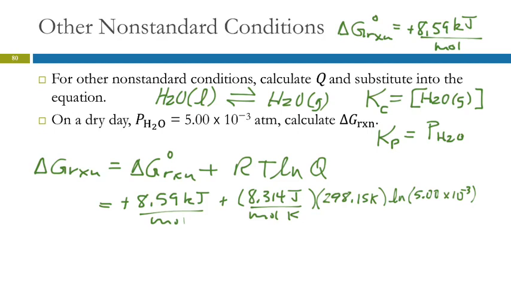Okay, so let's not do what I did before. Let's just calculate this separately. So we've got 8.314 times 298.15 times natural log of 5 times 10 to the minus 3. So this is minus 13133, and that would be joules per mole.